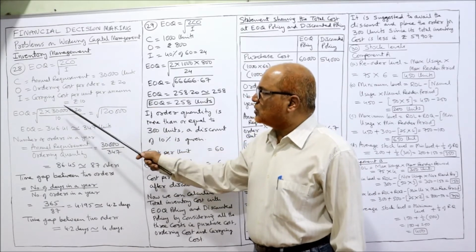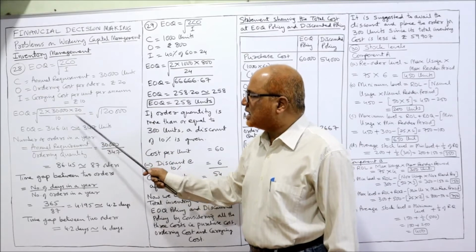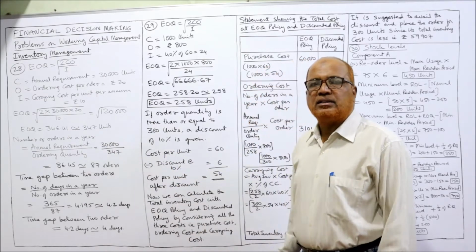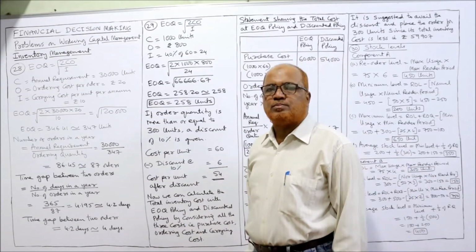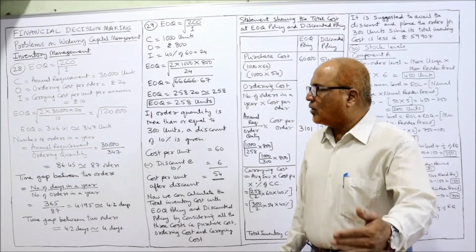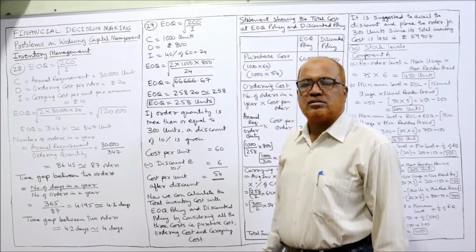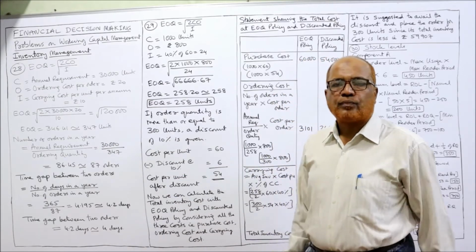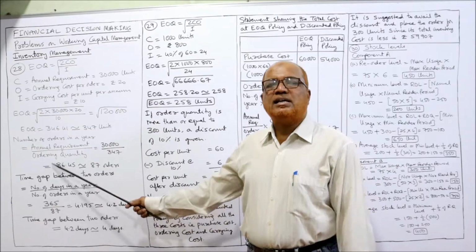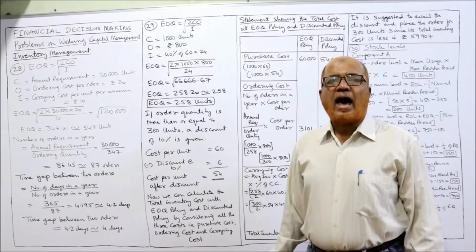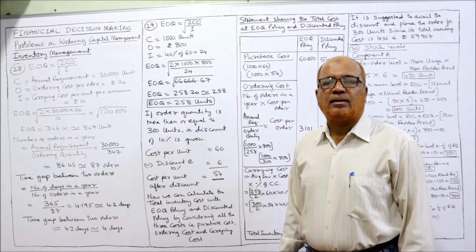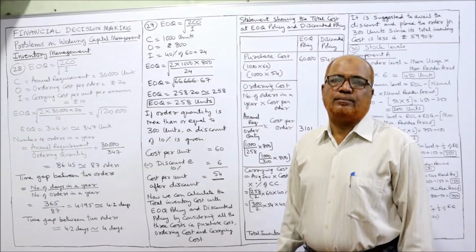2 into 30,000 into 20 divided by 10 under root. 1,20,000 under root. So after root you are getting 346.41. Now we round it off to 347 units. This is the EOQ. Now, number of orders in a year. The formula to calculate the number of orders in a year is annual requirement divided by ordering quantity.